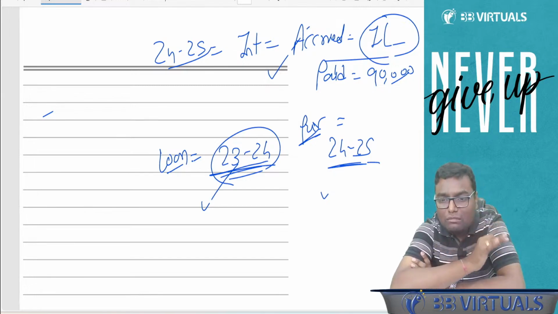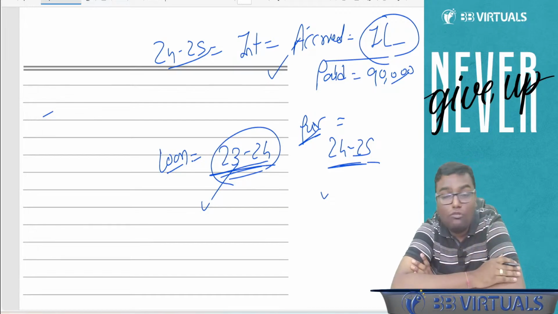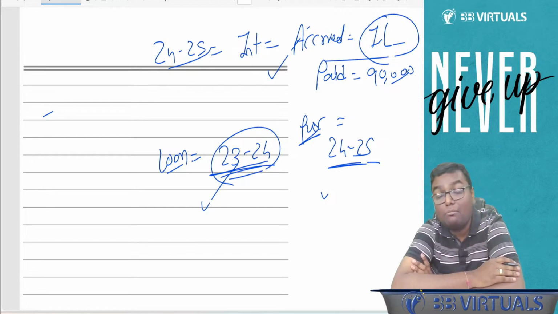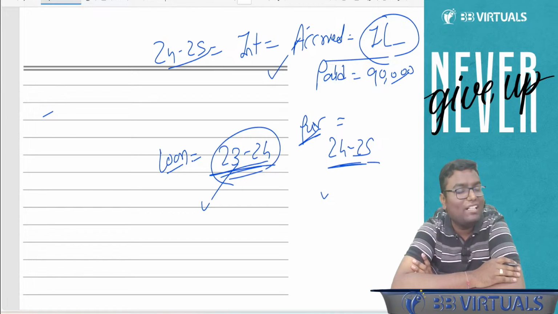For this, you have to think something logically. Now, what logically you will think? When I'm claiming interest on borrowed capital as a deduction, when I'm computing income from house property, when there is a house property, and when a property becomes a house property, when I'm the owner of the house property.